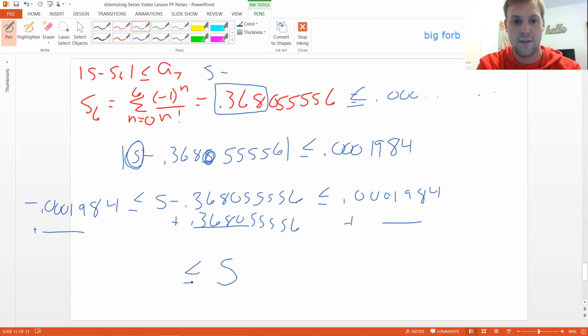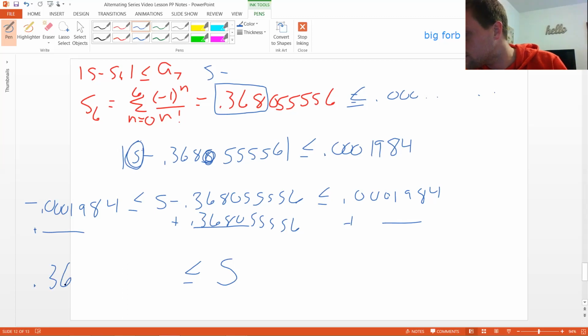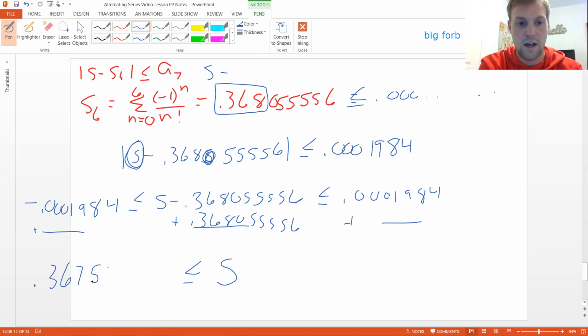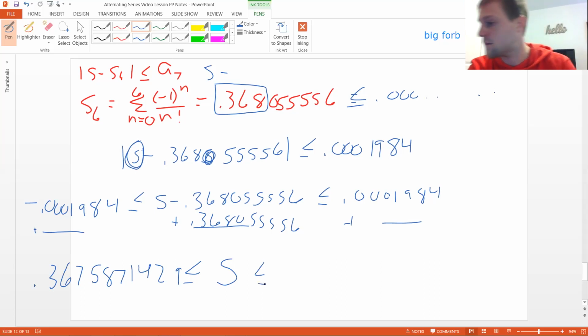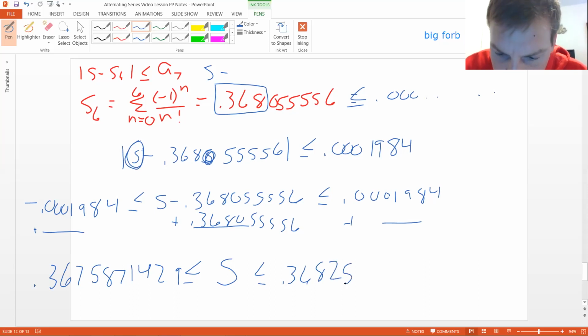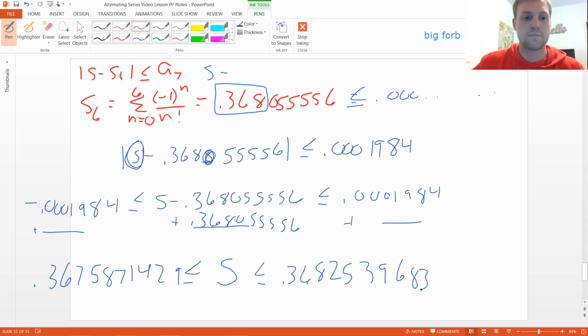On the left side I get 0.367587149, and on this side I get 0.368253963.